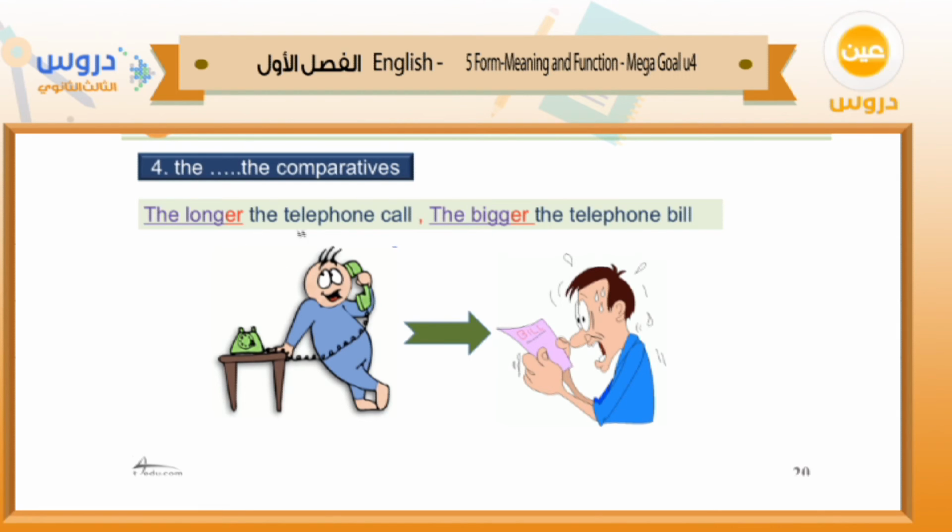In this case, if we have a cause and a result, we can use the plus the comparative form, I mean the adjective with er for short adjectives, or more plus adjective for long adjectives. The longer the telephone call, the bigger the telephone bill.